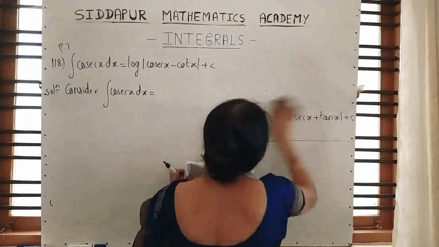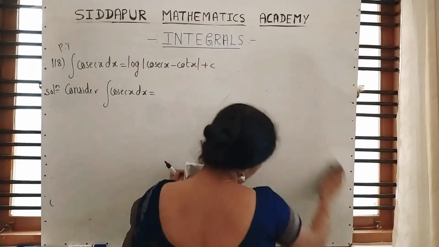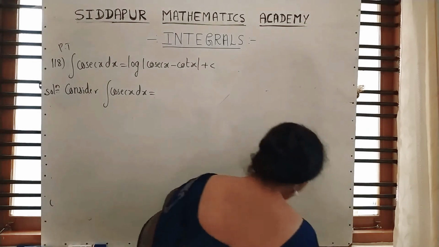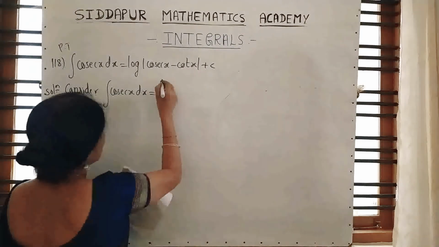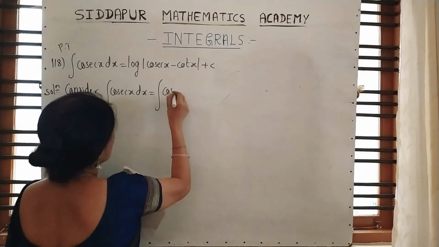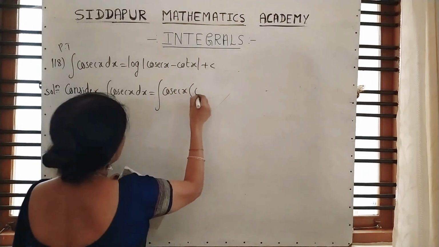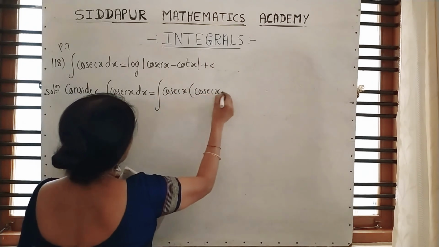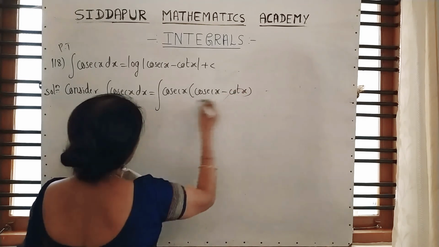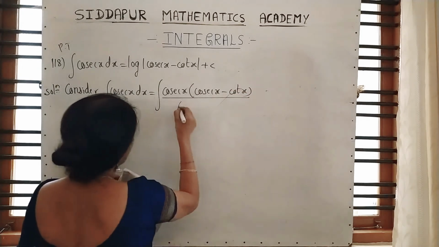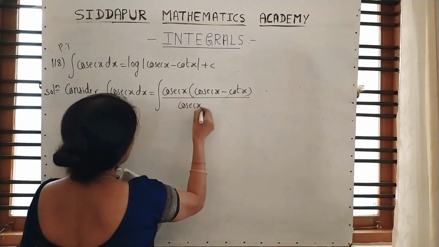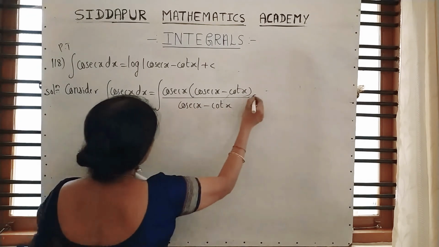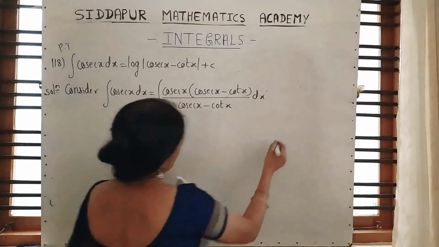This step is very important. Cosecant x in the bracket, cosecant x minus cot x, divided by cosecant x minus cot x.